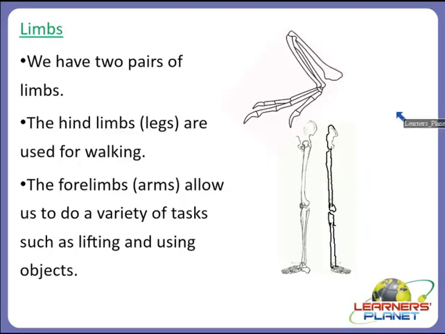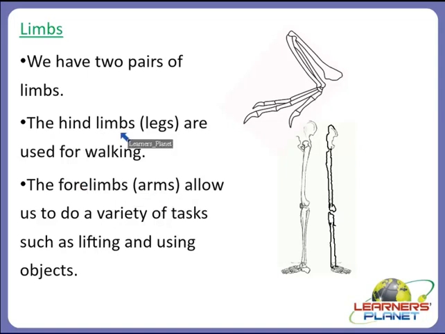Yes, the next very important part of the human skeleton is the limbs. Basically we have two pairs of limbs. The first one we can see here are forelimbs and these are hind limbs. Hind limbs means legs and forelimbs means arms.